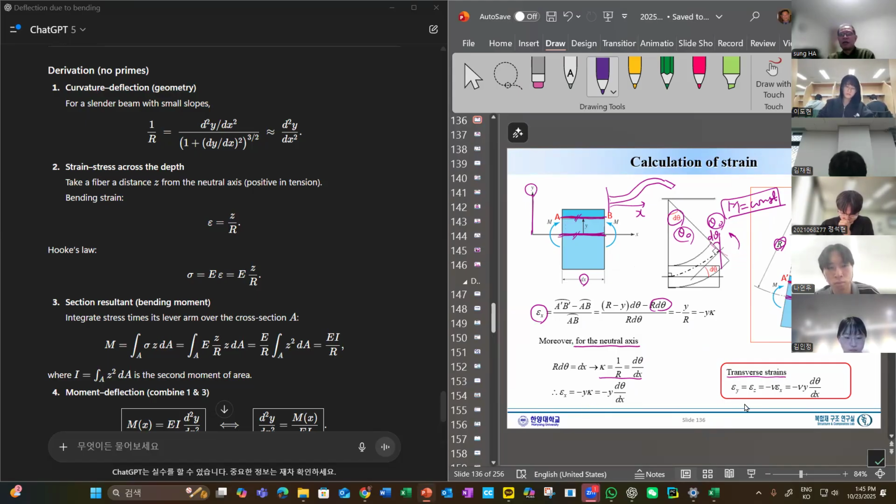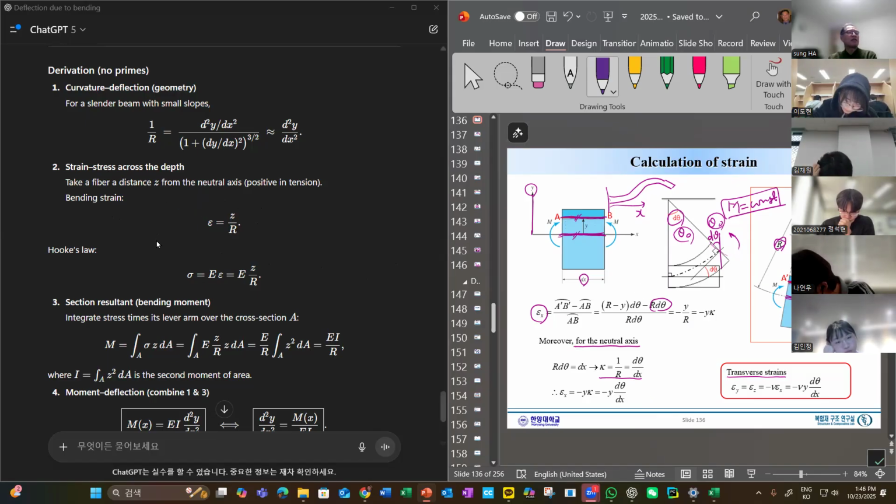K is 1 over R, right? So they are using z, which is the y. Y is again the vertical coordinate, proportional to 1 over R. And 1 over R is d theta/dx. So this is what we already covered last week, the strain across the depth. This is the fundamental geometric deformation.